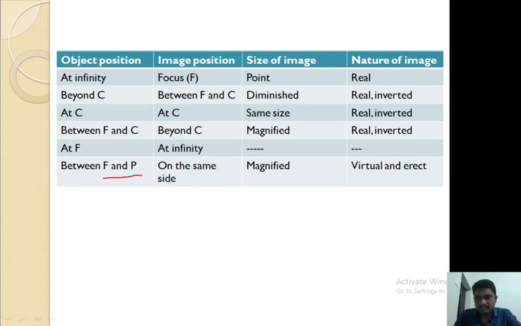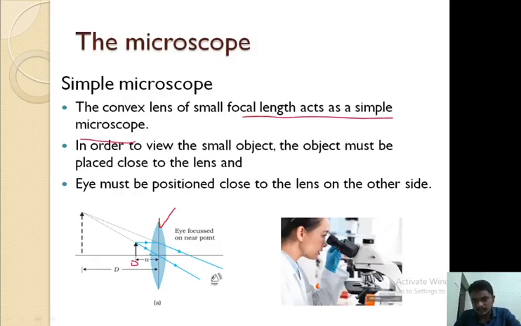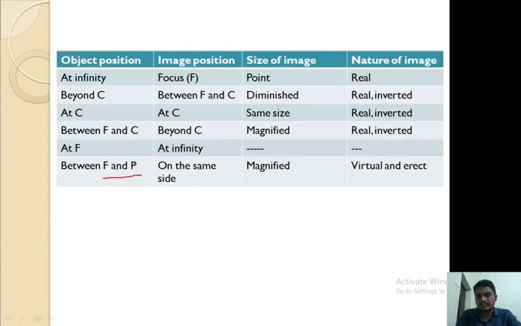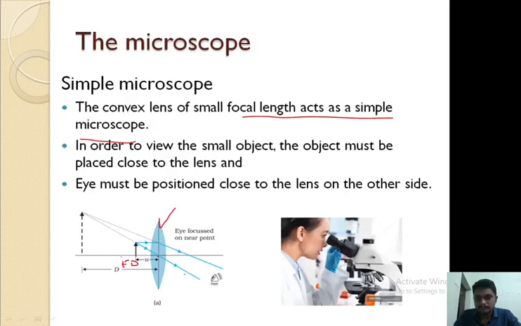When the object is in between f and p, very close to the lens, the object is located between the focus and the optic center, O or P. So we'll get the magnified, erect and virtual image on the same side. Look at this picture. This is an image and this is an object placed close to the lens. You will get the magnified image, so that we can see it clearly and distinctly.